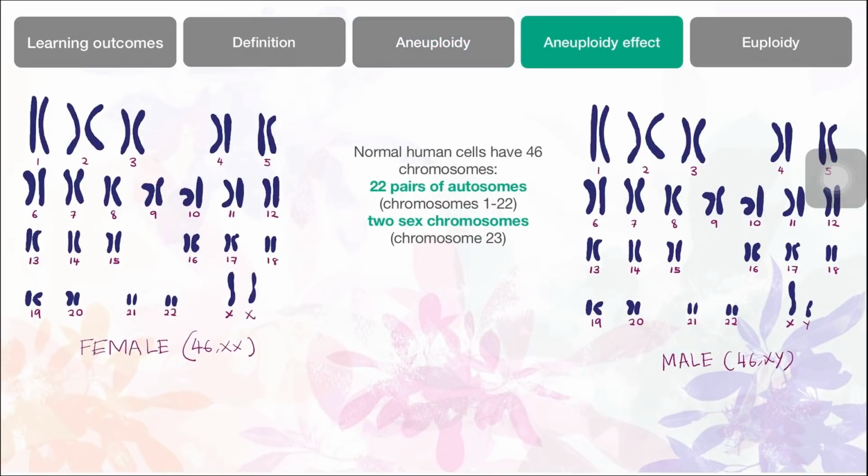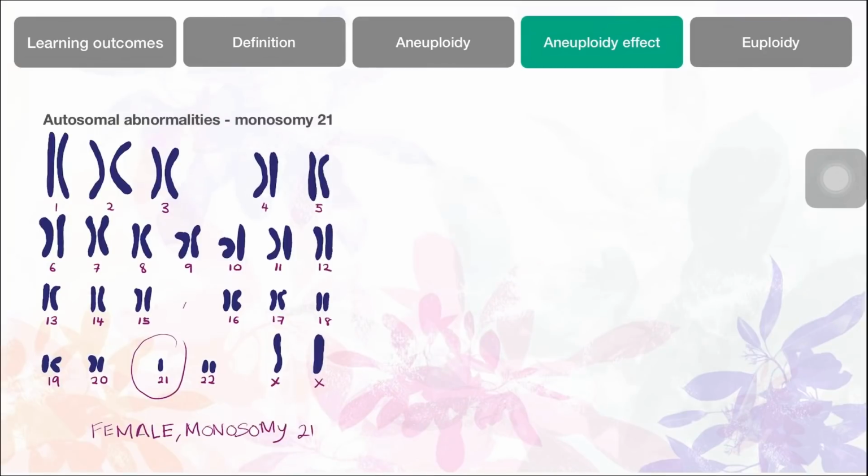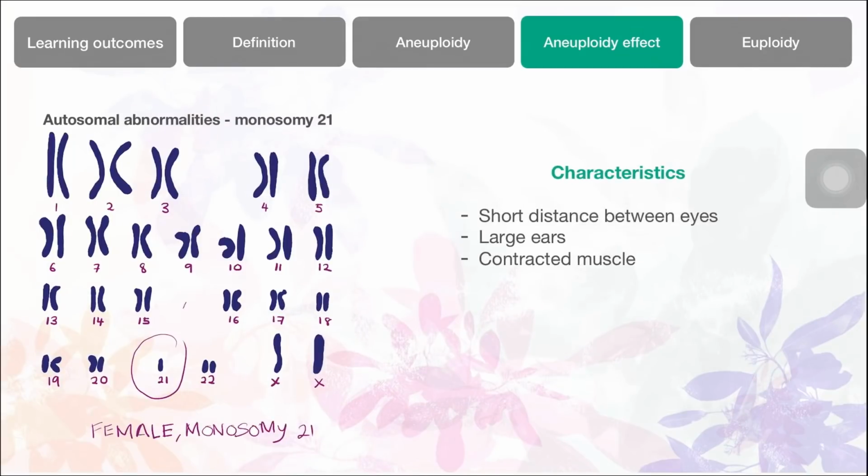Normal human cells have 46 chromosomes: 22 pairs of autosomes and 2 sex chromosomes. This is called the diploid number, 2n. Females carry 2 X chromosomes while males have an X and a Y chromosome. Autosomal abnormalities, monosomy 21.